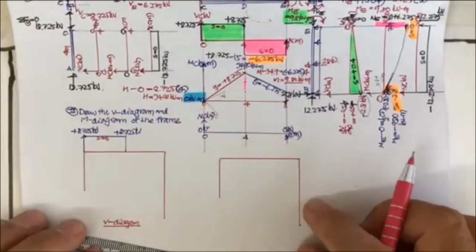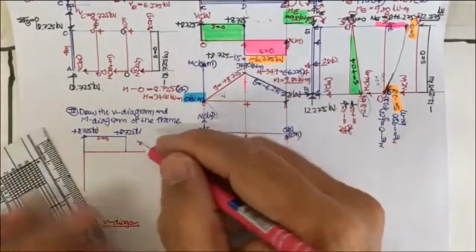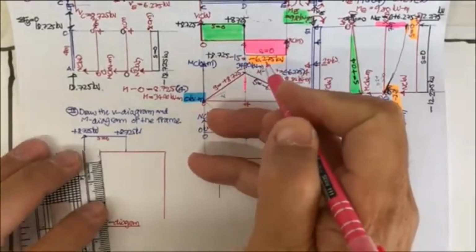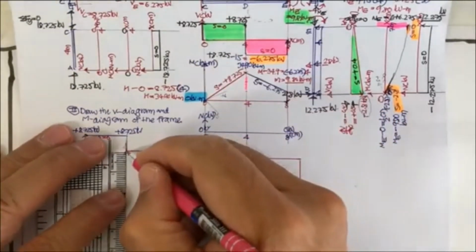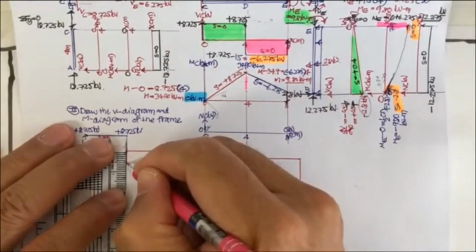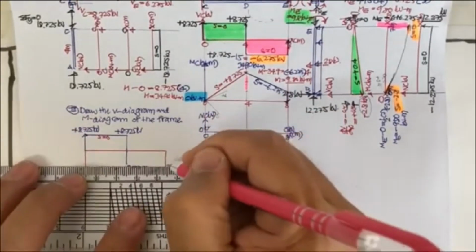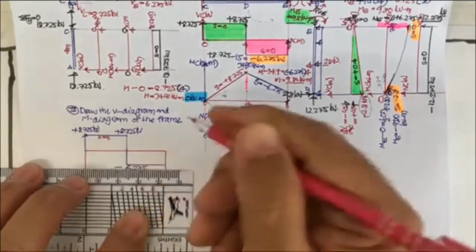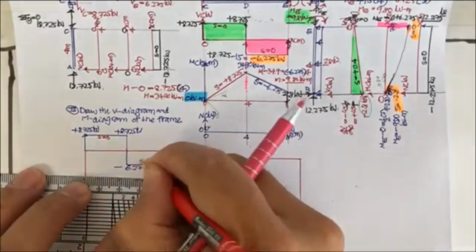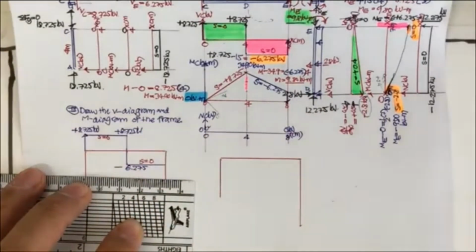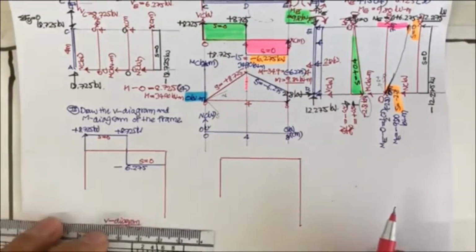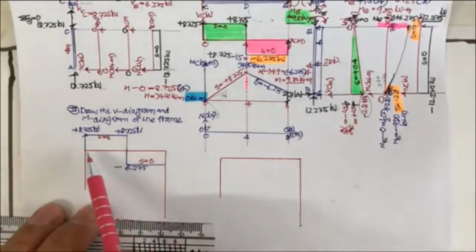And then this goes downward to minus 6.275. Okay, this is minus 6.275, and the slope is 0 again. Yes, equal to 0.